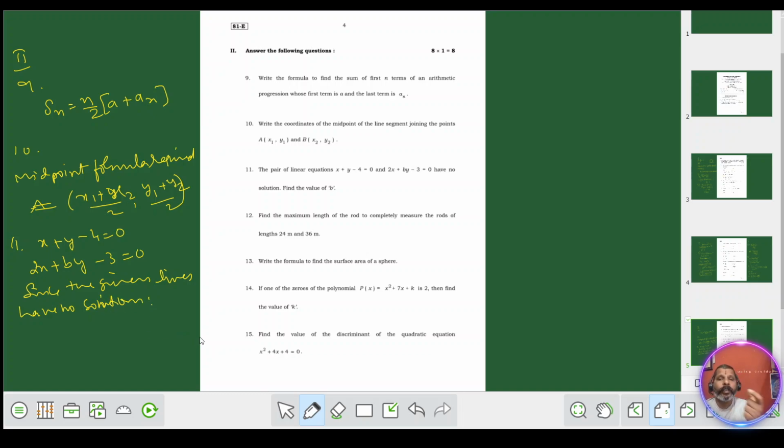How do they look? The ratio will look like this: a1 by a2 equal to b1 by b2 not equal to c1 by c2. Remember that this table is very important.